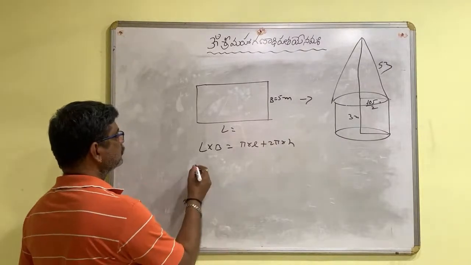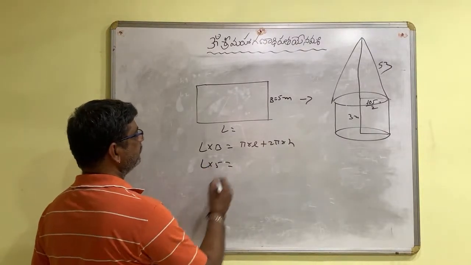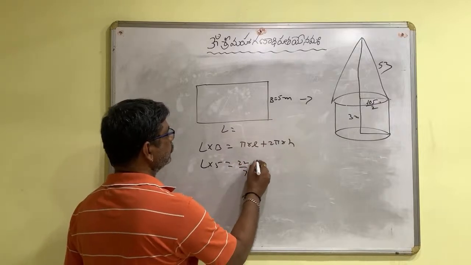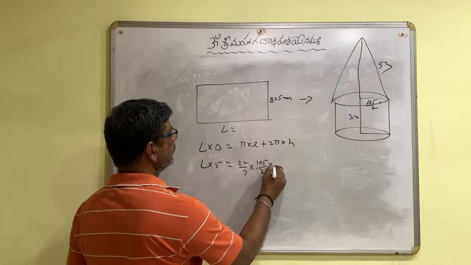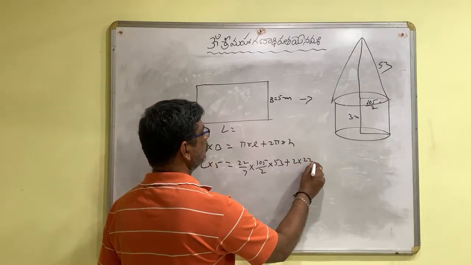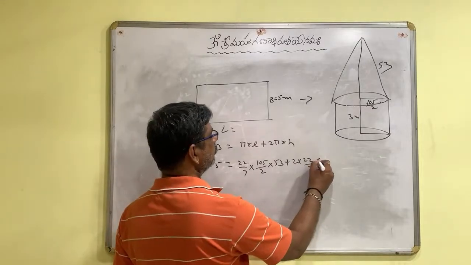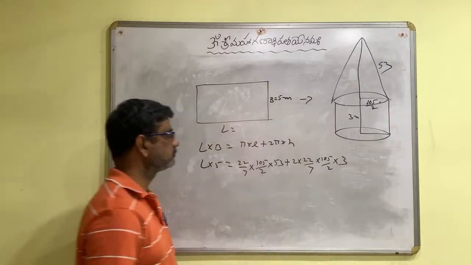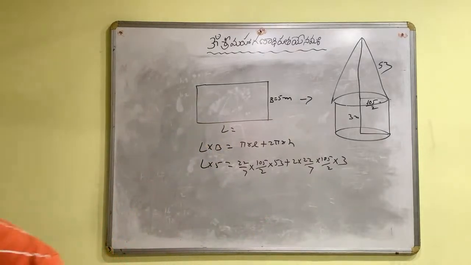Now slant height is 53. So now simplify. L into 5 is equal to 22 by 7 into 105 by 2 into 53 plus 2 into 22 by 7 into 105 by 2 into 3. Simplify and tell me what is the length.